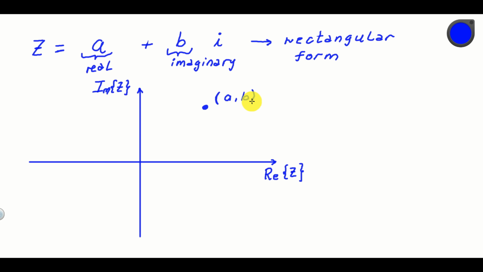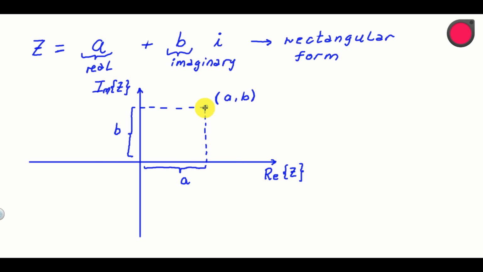That is, the first coordinate is the real part, this distance over here, and another coordinate is the imaginary part, that is this distance over here. Over here we use the Cartesian coordinates or the rectangular coordinates to represent this point.